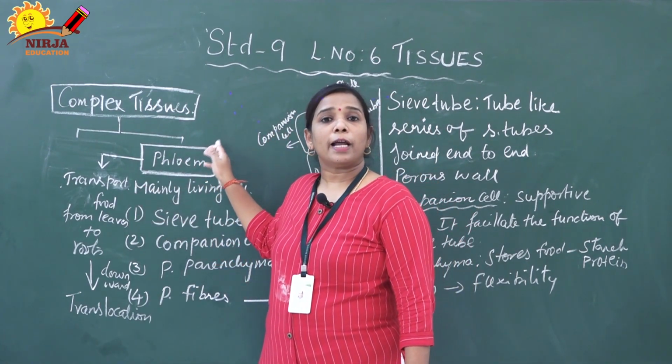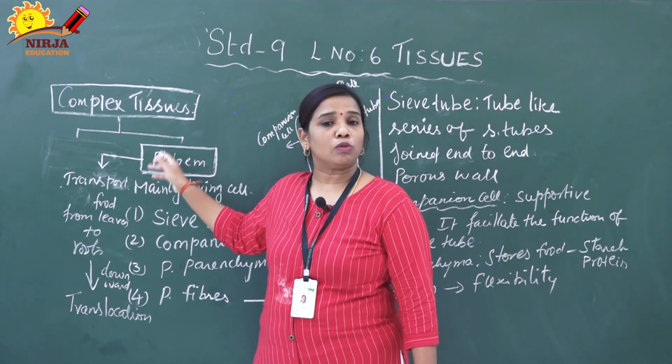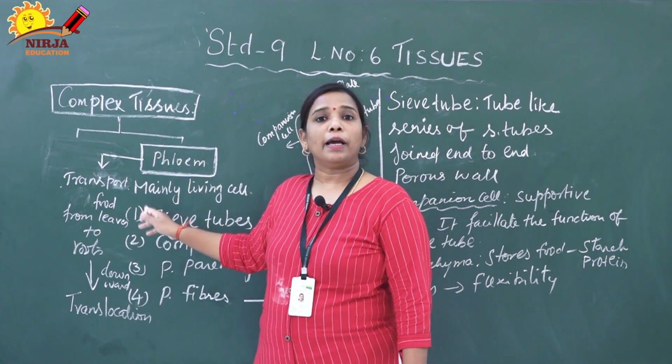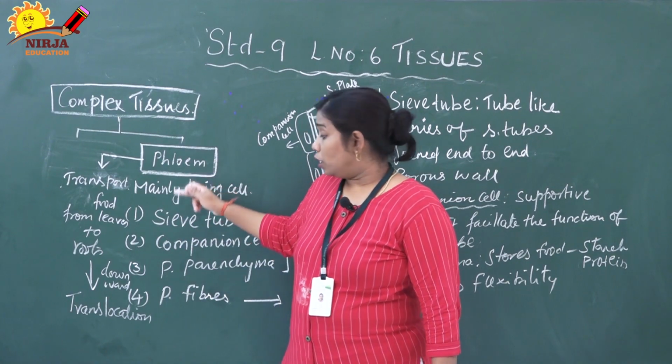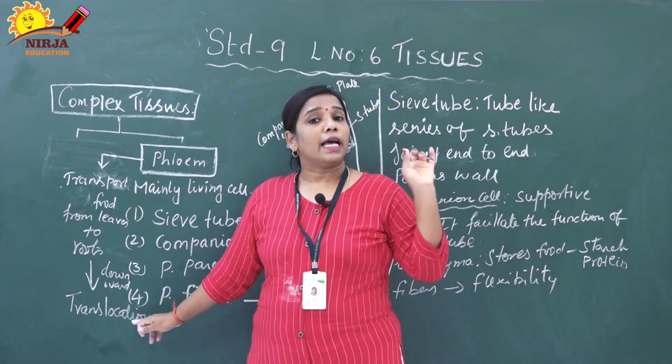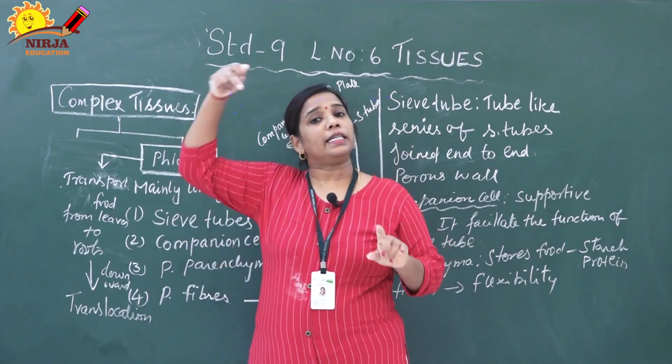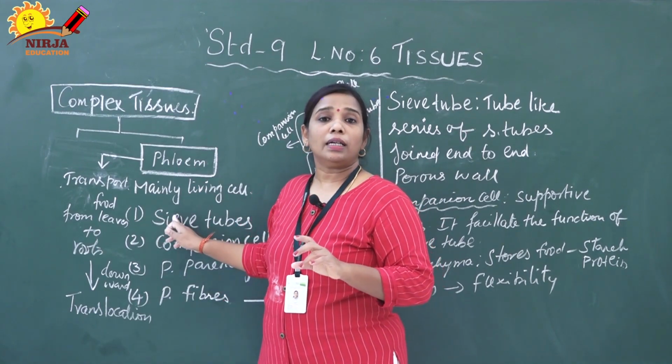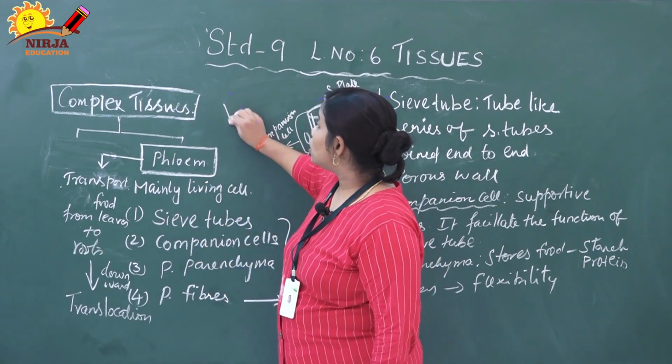So the phloem transports the food material from leaves to other parts of the plant body by downward movement. In xylem it is upward movement; here it is downward movement. That downward movement is called translocation.